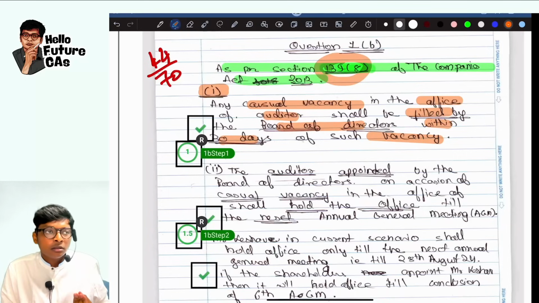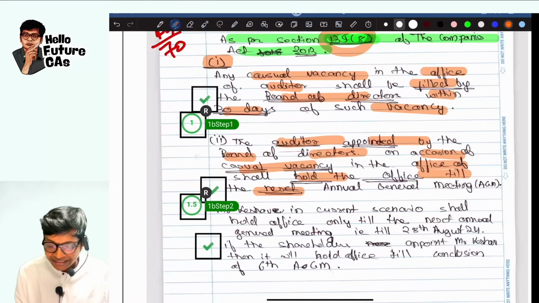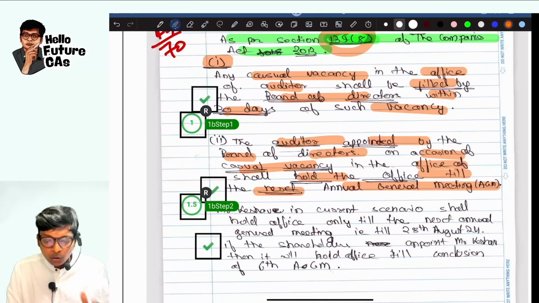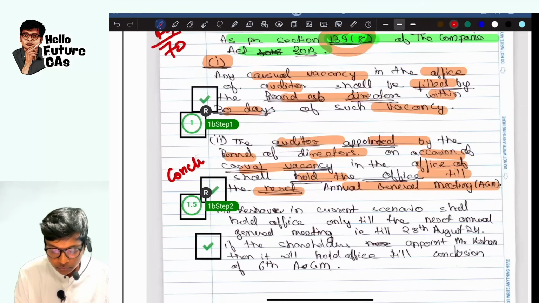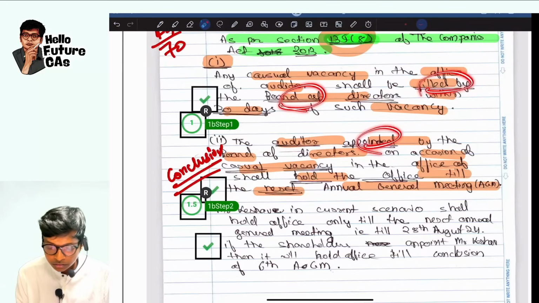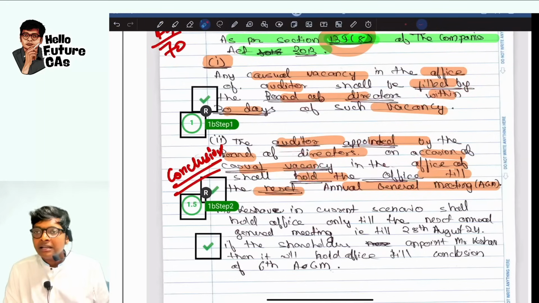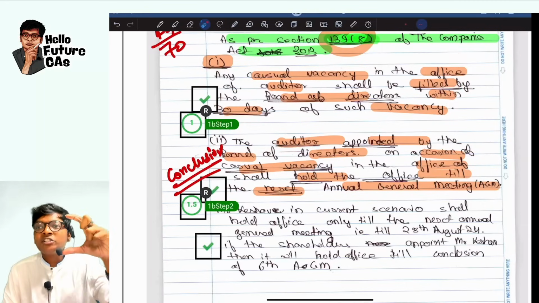Simple English. Provision. Next. The auditor appointed by the board of directors on occasion of casual vacancy shall hold the office till the next AGM. What word did he miss out over here? The word conclusion is missed out. Wherever he is writing keywords, he is underlining. Can you see, guys? He is underlining. So what he wrote here is the provision.